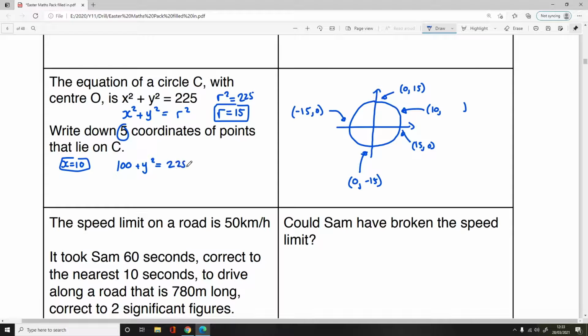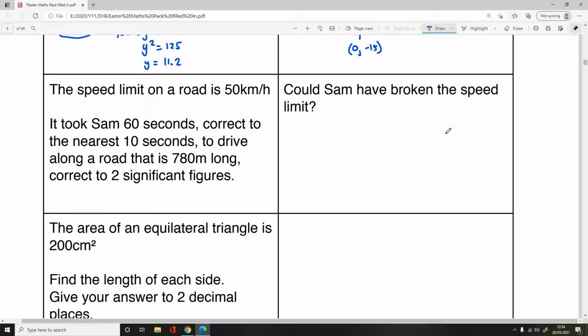And r squared is 225. I could then take away the 100, and I could square root the 125, and I could get that the y coordinate there is 11.2. Or I could just call it square root of 125, really. There you go. So I could find other coordinates by subbing in one value and getting out the value that goes with it. Okay.